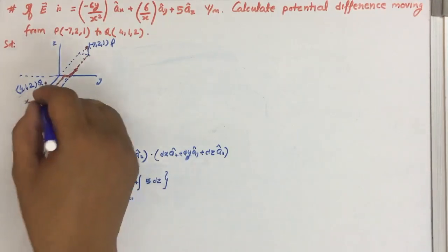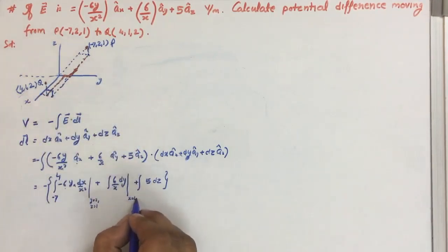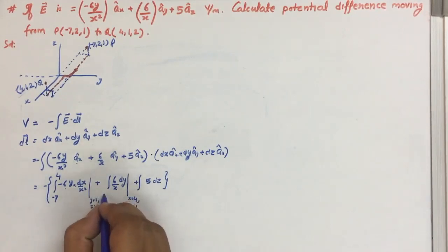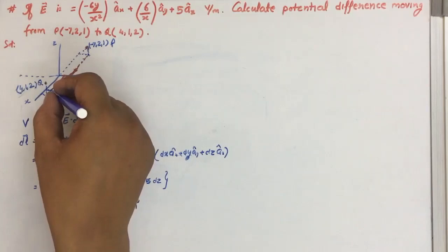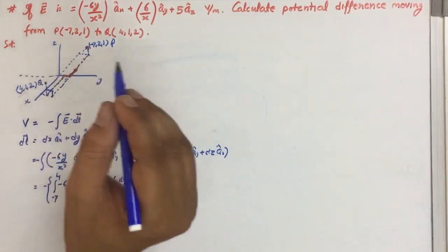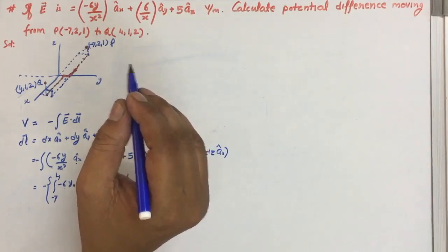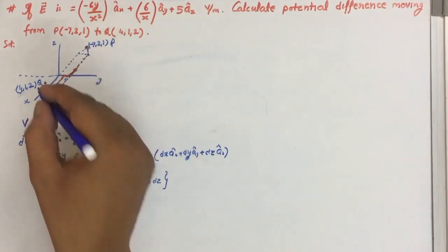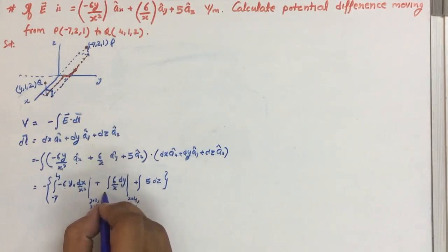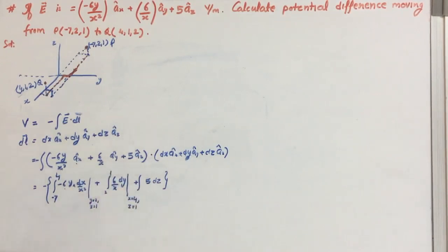X is 4 at this point, and z is equal to 1. Y is changing from 2 to 1. At this point y is 2, so y is changing from 2 to 1. Hope it is meaningful.